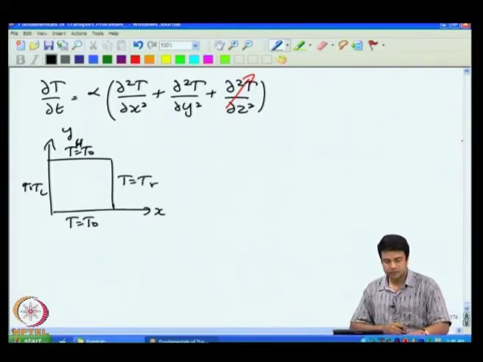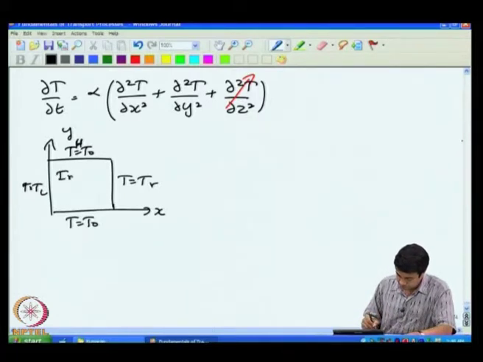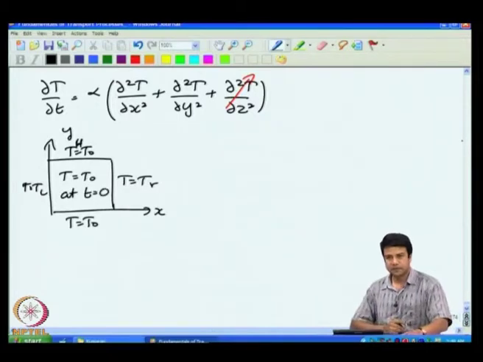And I have to solve this problem. Initially, at time t is equal to 0, T equals T naught.